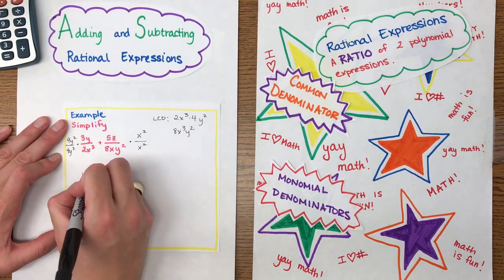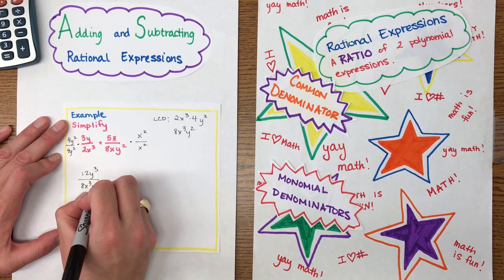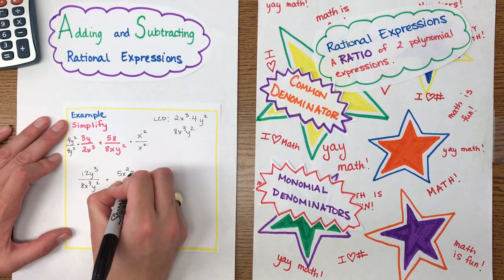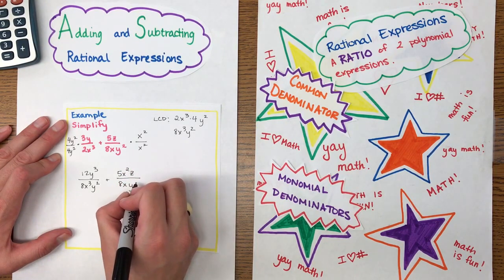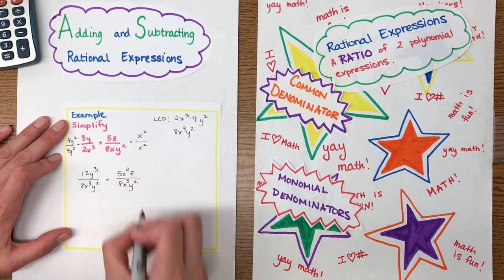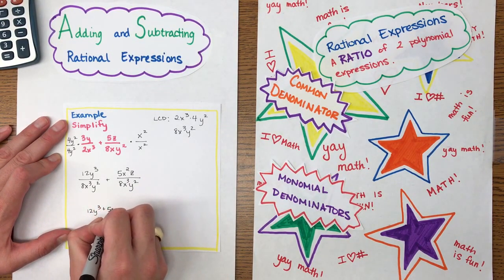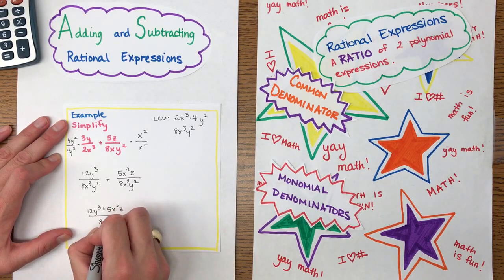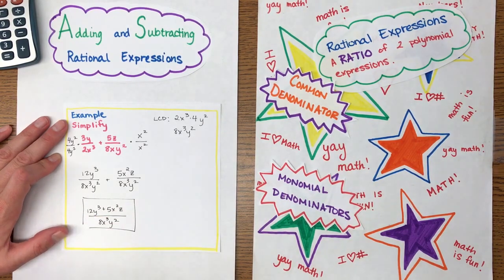So this becomes 12y cubed over 8x cubed y squared plus 5x squared z divided by 8x cubed y squared. Same denominator, so 12y cubed plus 5x squared z divided by 8x cubed y squared. And that is my final answer.